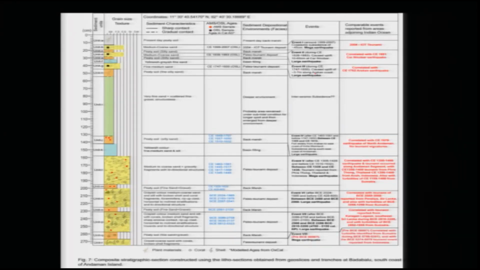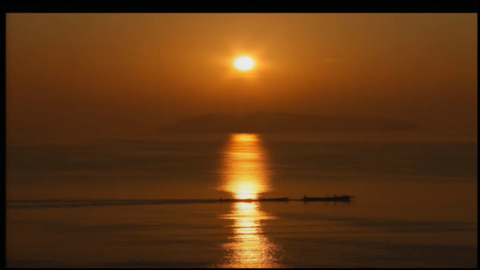For example, 1762 and then 1881, and this one also was a large earthquake, in 1679. So, those were large earthquakes in between, within a shorter interval of around 80 to 100 years.